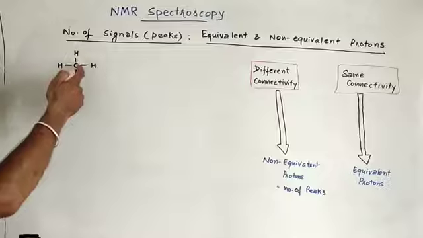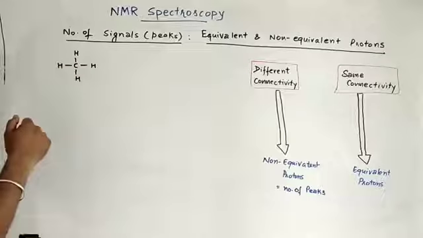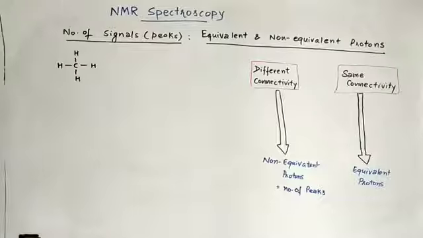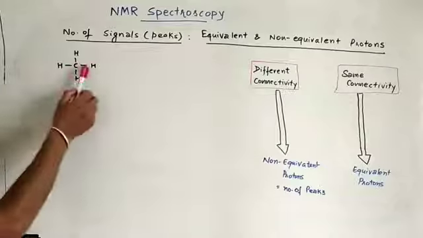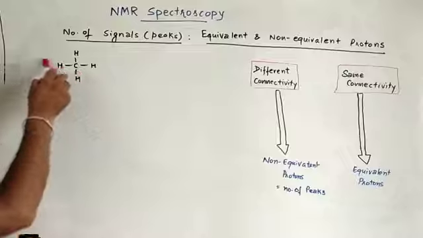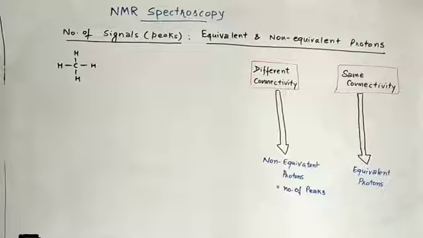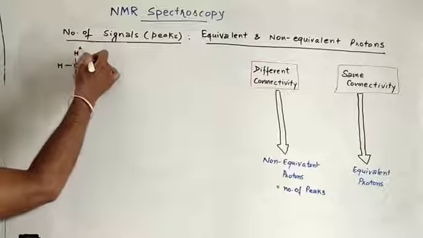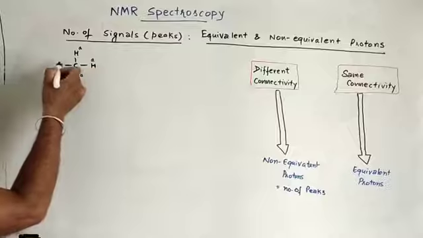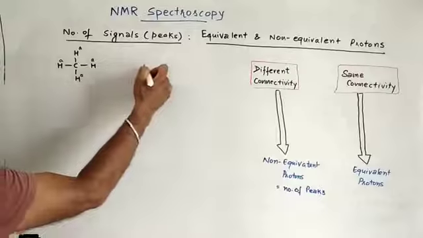Like this, this proton is connected to the methyl group, this proton is connected to the methyl group. So all the protons have the same connectivity. It means methane gives one signal. We will mark it A. A means all are equivalent, so it gives one peak only.